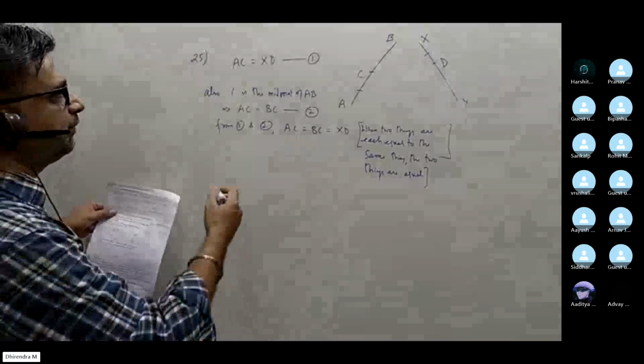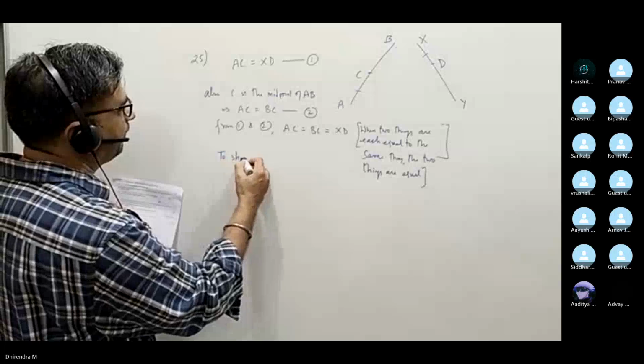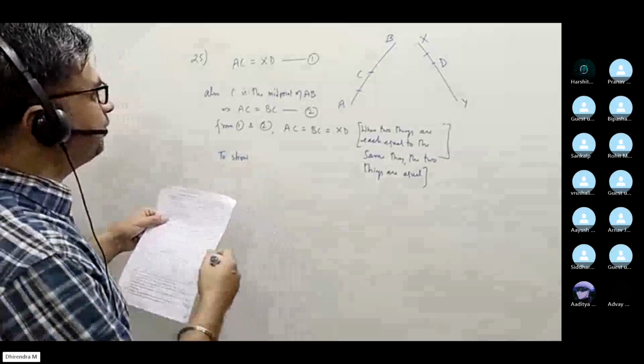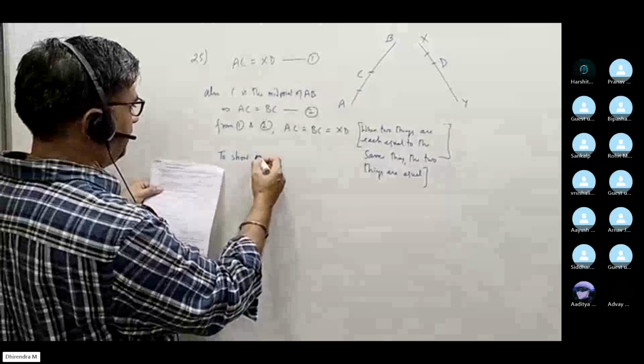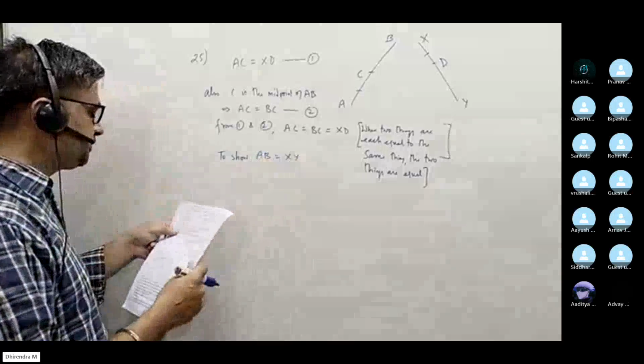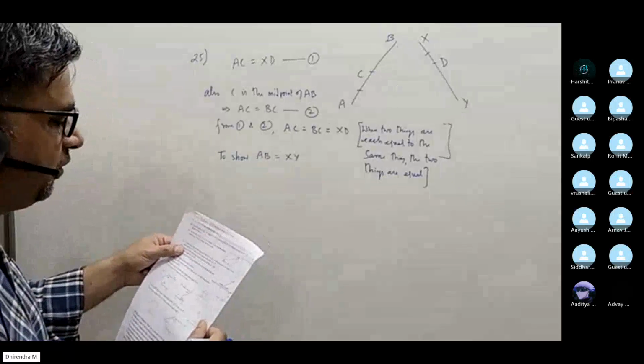Now, based on what is given and what we have inferred, let's see what else. Question number 25, show that AB is equal to XY. AC is equal to XD, very good.